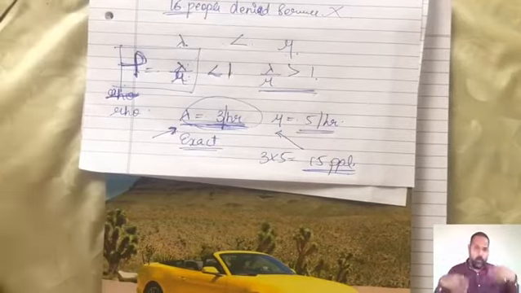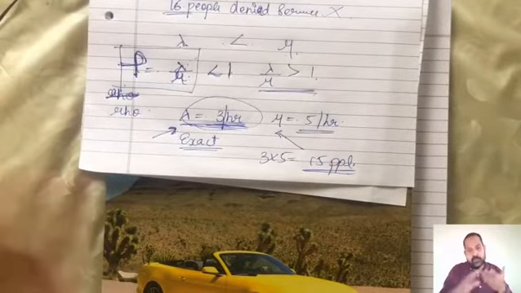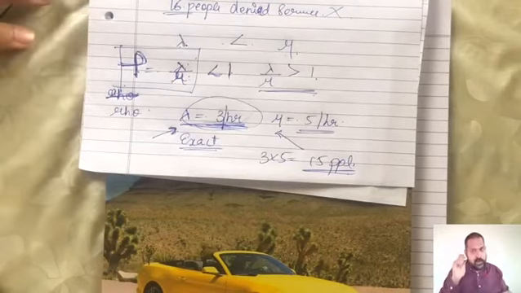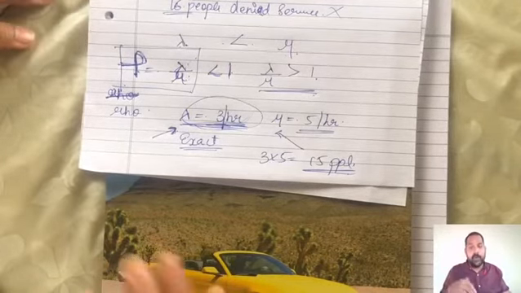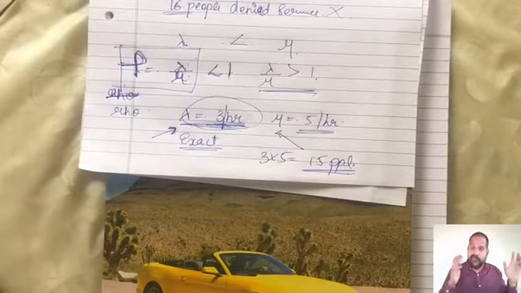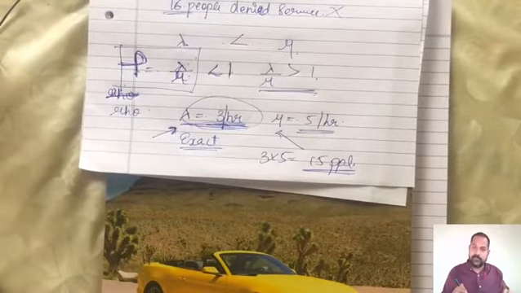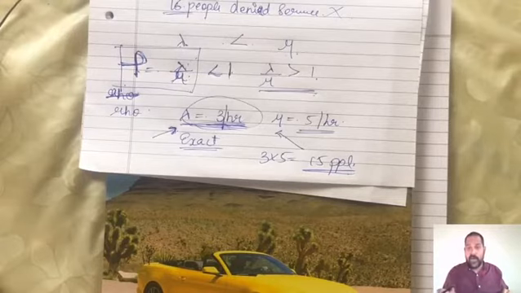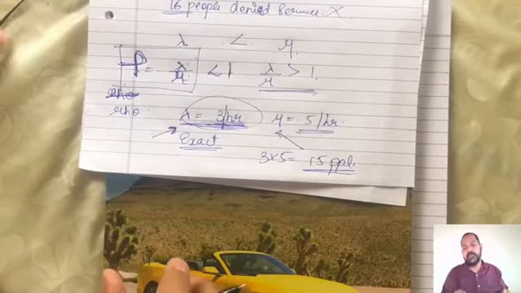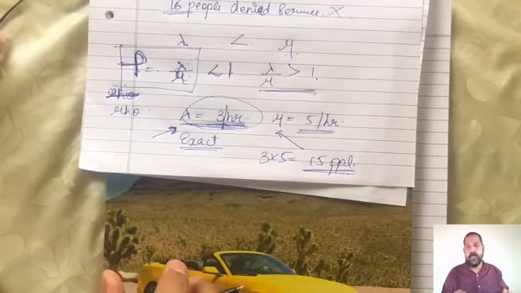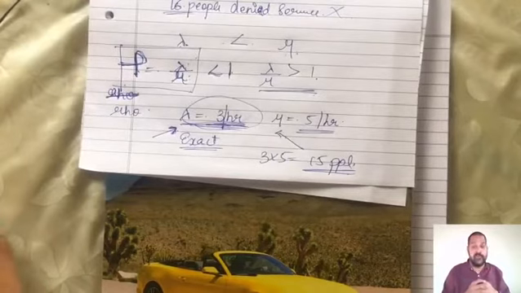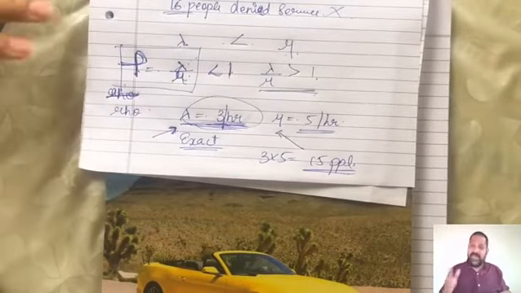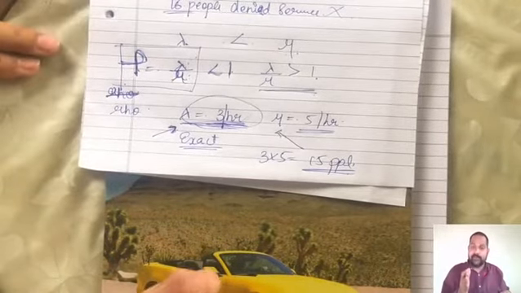Or it could happen that in the first hour there was nobody, in the second hour only one person, in the third hour 4 people. So up till the third hour there were only 5 people. In the fourth hour all the remaining 10 people came in, and in the fifth hour there was no one. So when I tell you that 3 people per hour come to me for service on an average, I am not saying exactly 3 people will come.